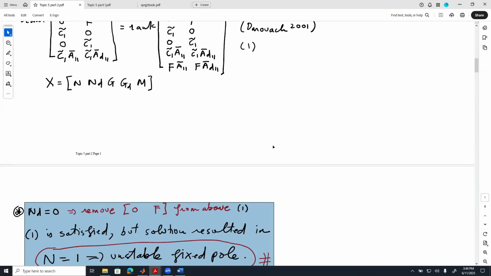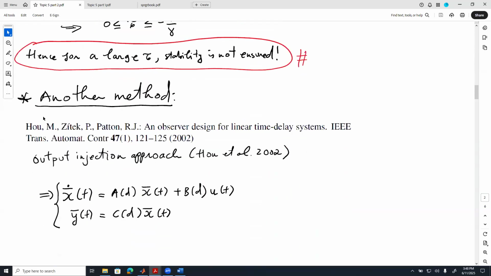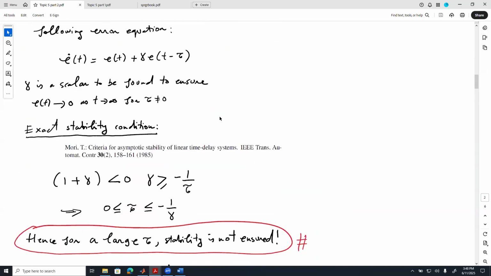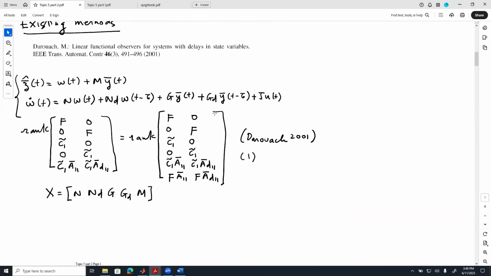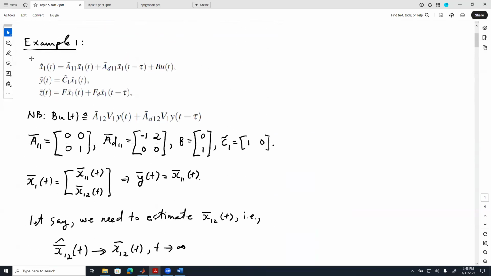Right, so what can we do? The other method available in the literature, which we would like to mention here, is another method to design an observer to estimate instantaneously the state vector of this time delay system.